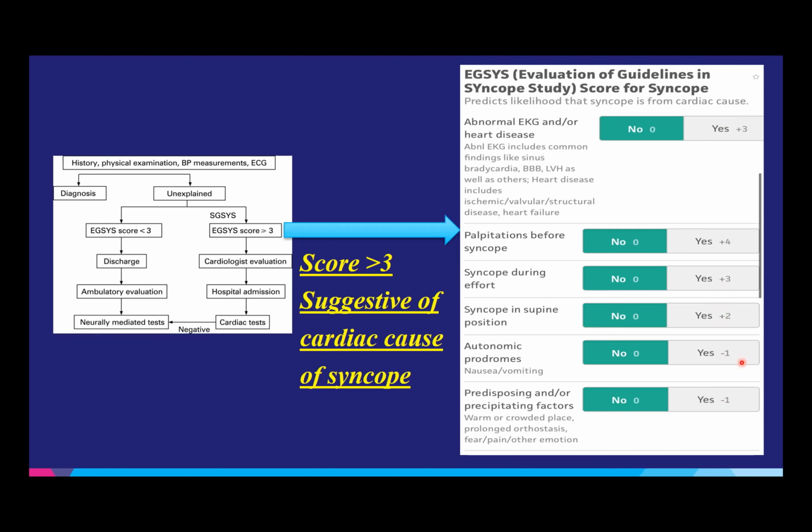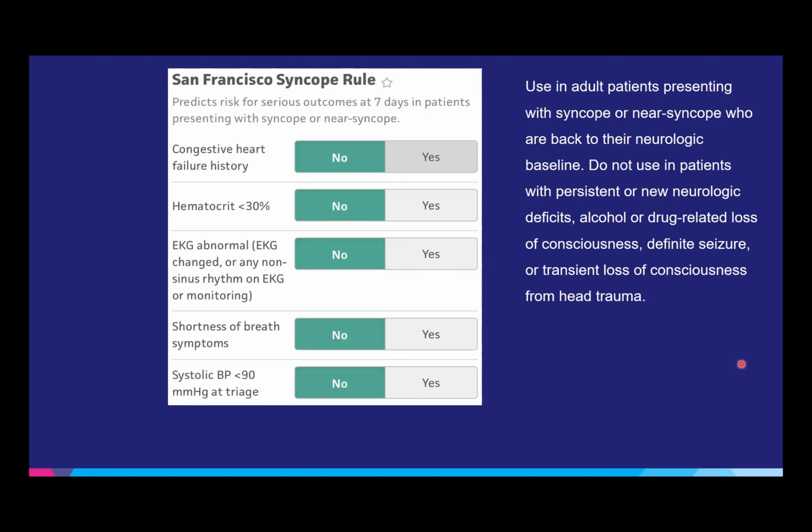This is a helpful scoring system to have in the back of your head as you're admitting your patients. There's a similar one called the San Francisco syncope rule that you could choose to use instead. This is a little bit more for patients with complex medical histories, heart failure, anemia, et cetera, to give you a sense of how they are going to do.